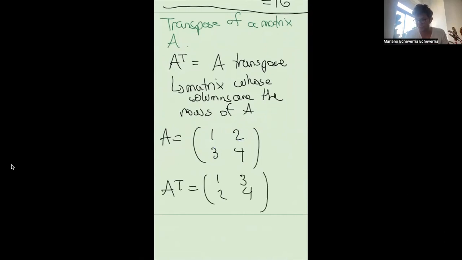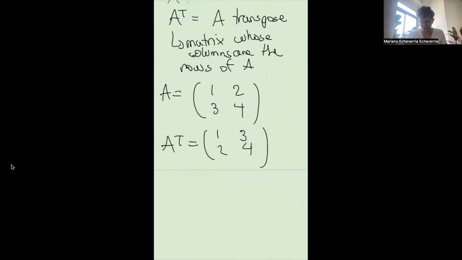So essentially, the transpose is just changing your mind about what's a column and what's a row. It's like turning the rows vertically into columns. Or you can do it even in the non-square case.